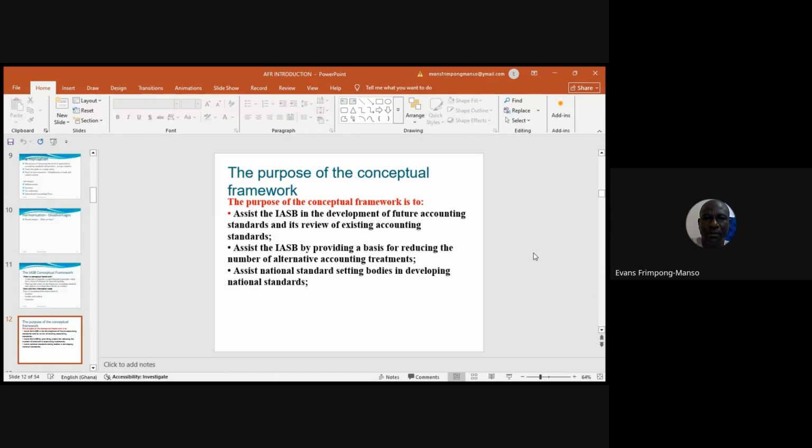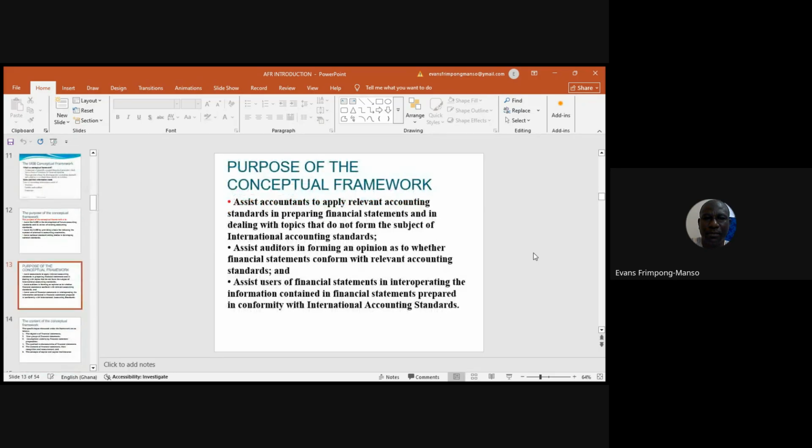What is the purpose of the conceptual framework? Why the conceptual framework at all? Basically, I have about 6, 7, or 8 purposes of the conceptual framework. So many of them.